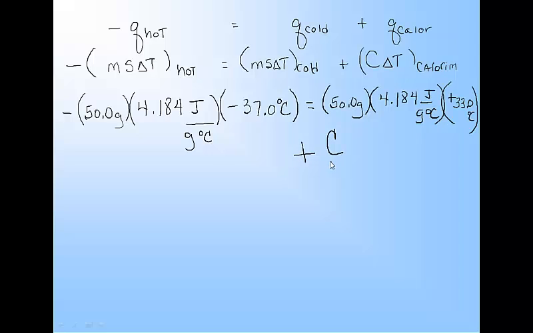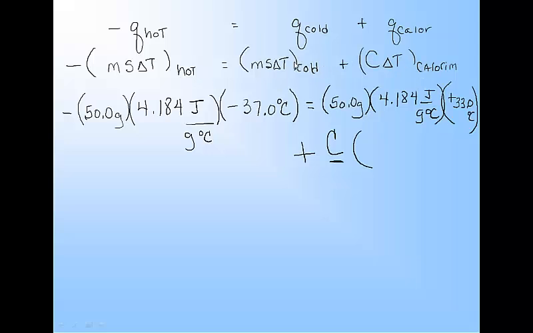Now for the calorimeter part, this is my unknown, and I'm going to underline it because I'm going to get it lost. Now this is important. Change in temperature of the calorimeter. The cool water is in the calorimeter. So the cool water and the calorimeter must start out at the same temperature. So the cool water and the calorimeter start out at 20.